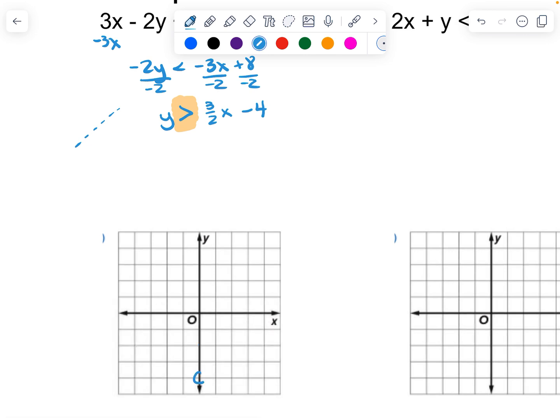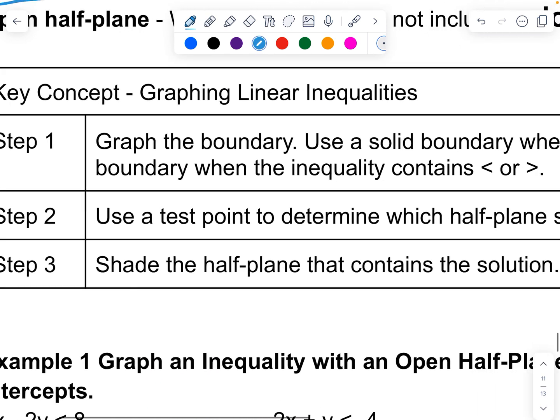I have an open dot because that's greater than, not or equal to. I go up 3, 1, 2, 3, and over 2, and I'm going to make a dotted line, like so.